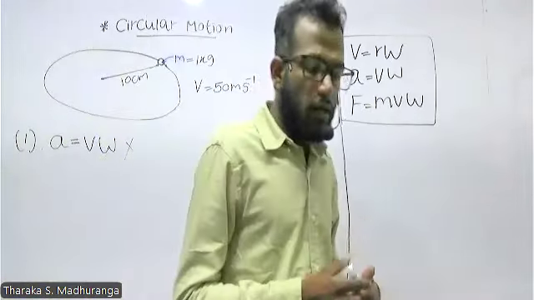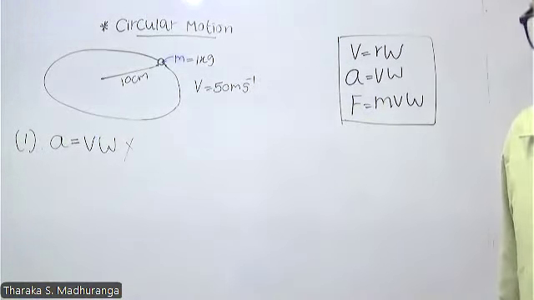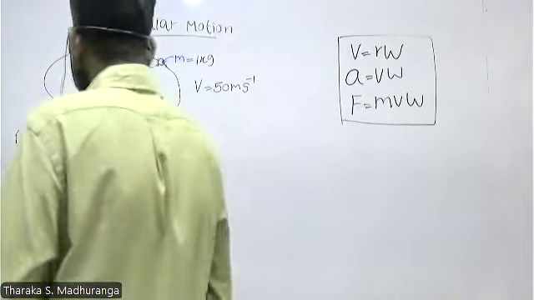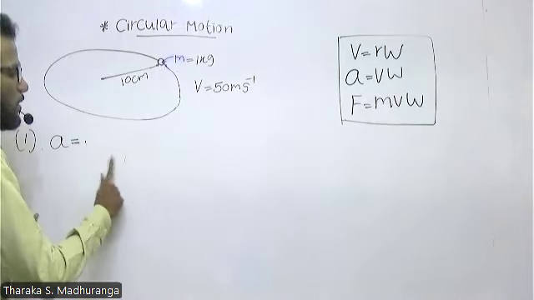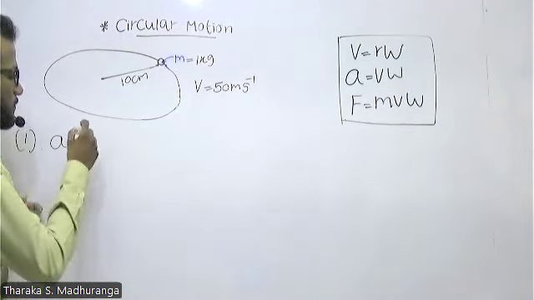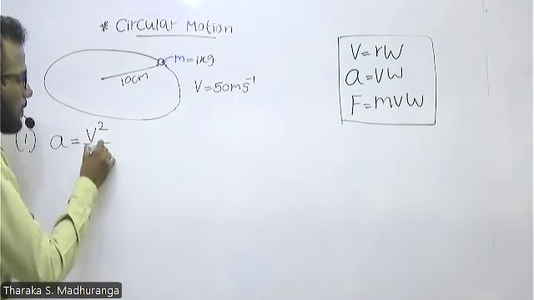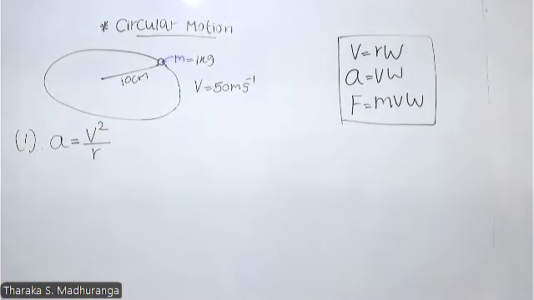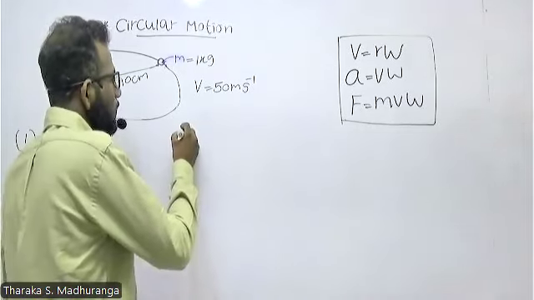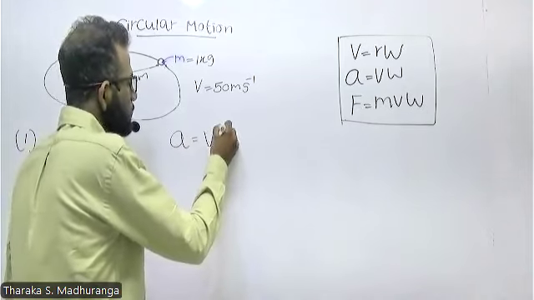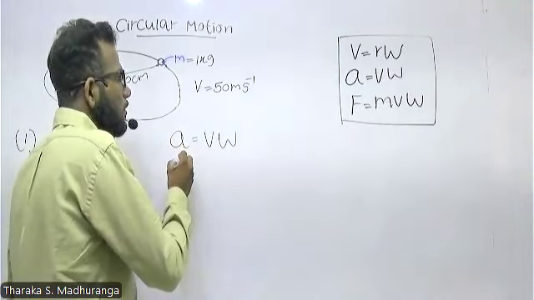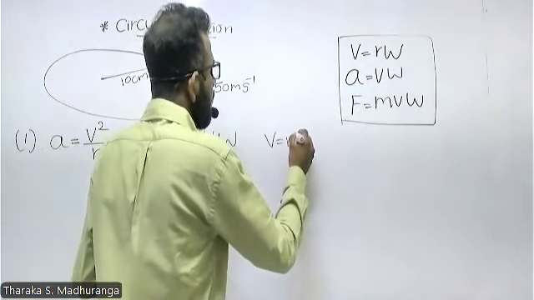In our second equation, I got the relationship A equal V square divided by R. How did I get A equal V square divided by R? A equal V omega, but here V equal R omega.